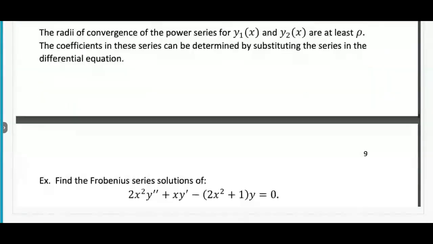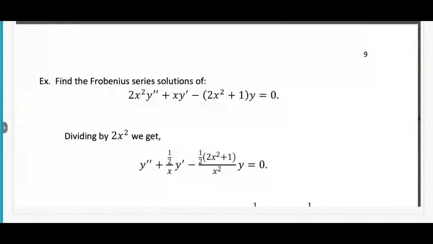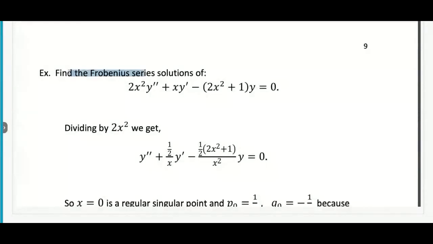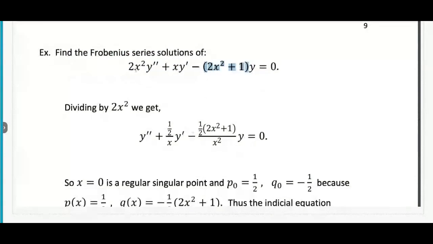Okay, let's see some examples. We want to find the Frobenius series solution for such an equation, with A of x, B of x, C of x. We always want to change it to P of x, Q of x, so that the coefficient of y double prime is 1.